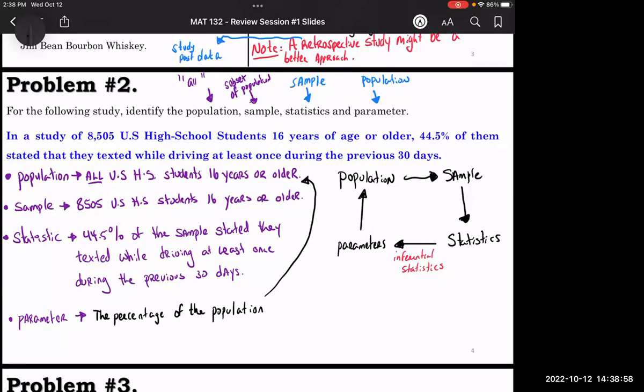Whatever that percentage is, when we run our inferential statistics, that state they text while driving at least once during the 30 days.